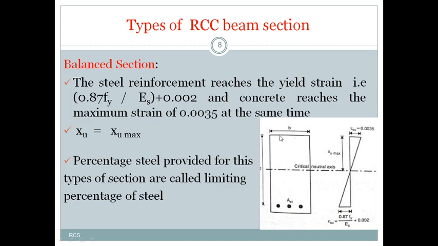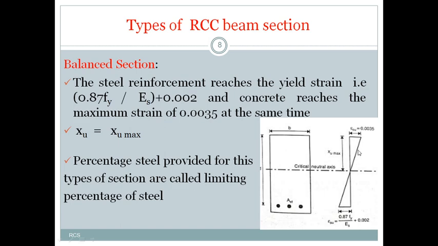So here, this is a cross section of a beam, and this is the strain diagram corresponding to it. Here the strain in concrete is 0.0035 and the strain in steel is 0.87 Fy by ES plus 0.002. They are attaining their maximum values. Here it is 0 and it goes to the maximum, and they attain it at the same time.